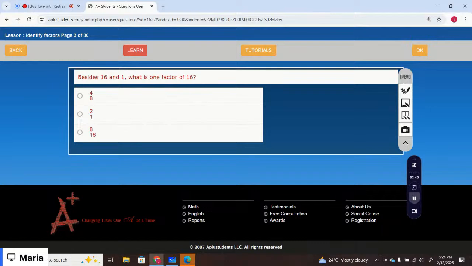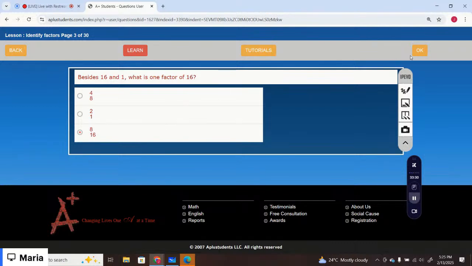Which is the correct option? The correct option is 8 and 16.